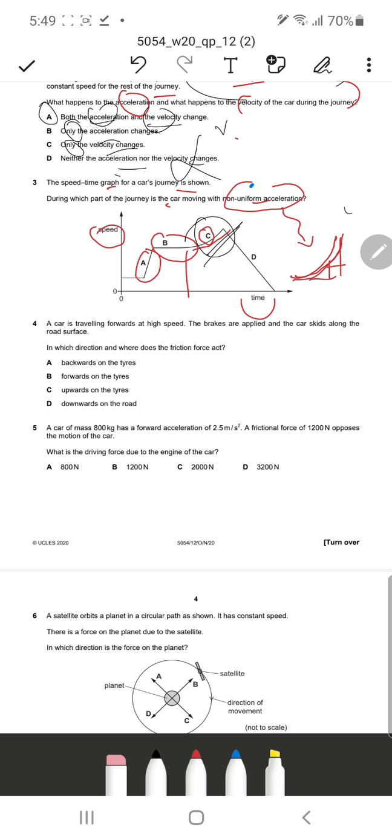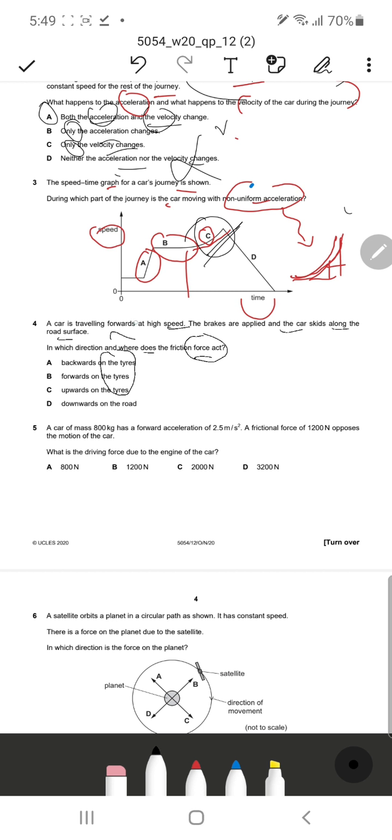It says a car is traveling forwards at a high speed. The brakes are then applied and the car skids along the road surface. In which direction and where does the friction force act? This is very important since all these options actually mention the tires, so we need to understand a key concept of these tires.